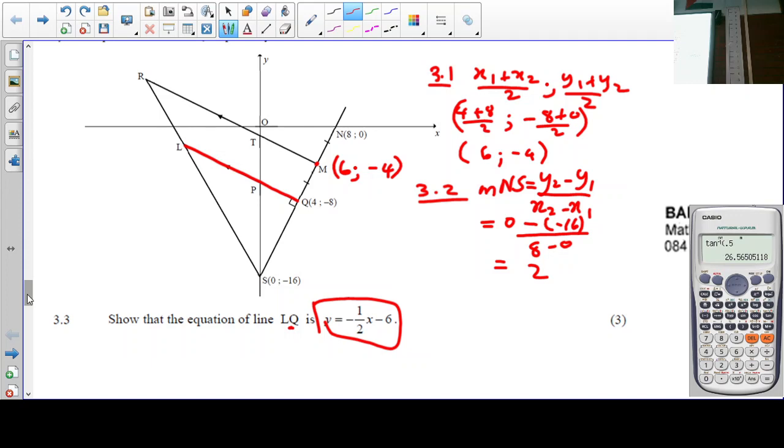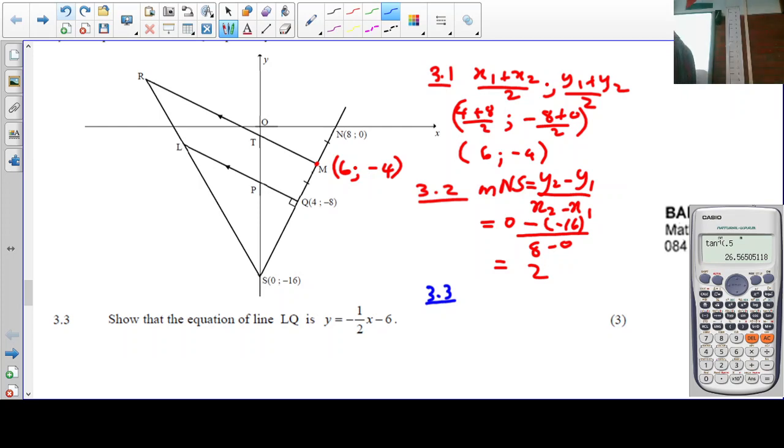Do I have the gradient here? You can find it. The lines are perpendicular. So what's the relationship between lines that are perpendicular? The product of the two gradients is equal to negative 1. If they had said it was parallel, then what do you know? The gradients are the same.